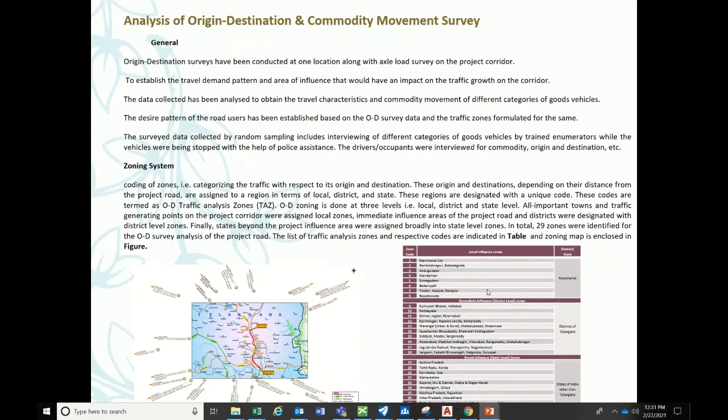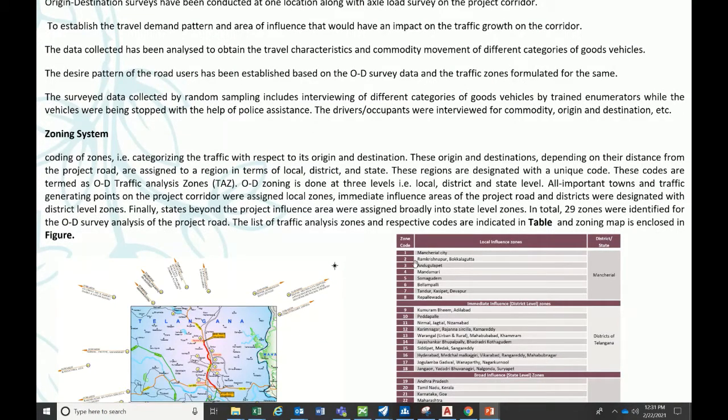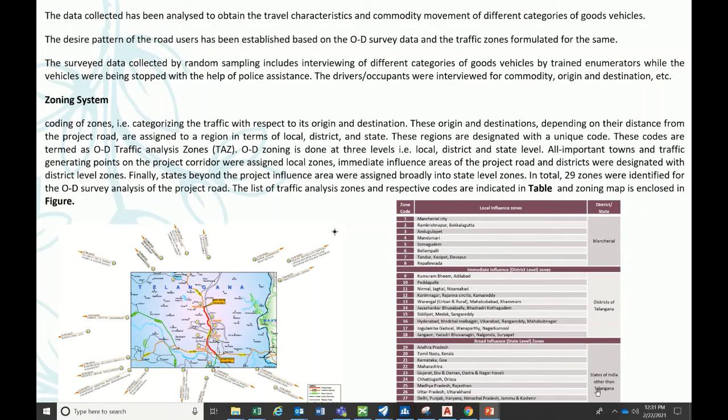First you have to divide the zones, for ease of analysis. You have to bifurcate: one is within the district, then within the state, and then within the country. That type of zoning you have to prepare.